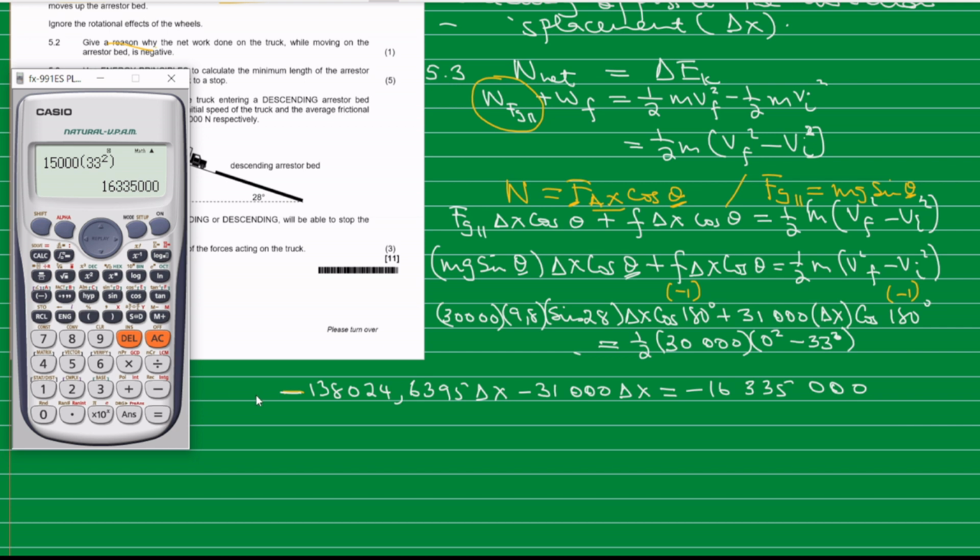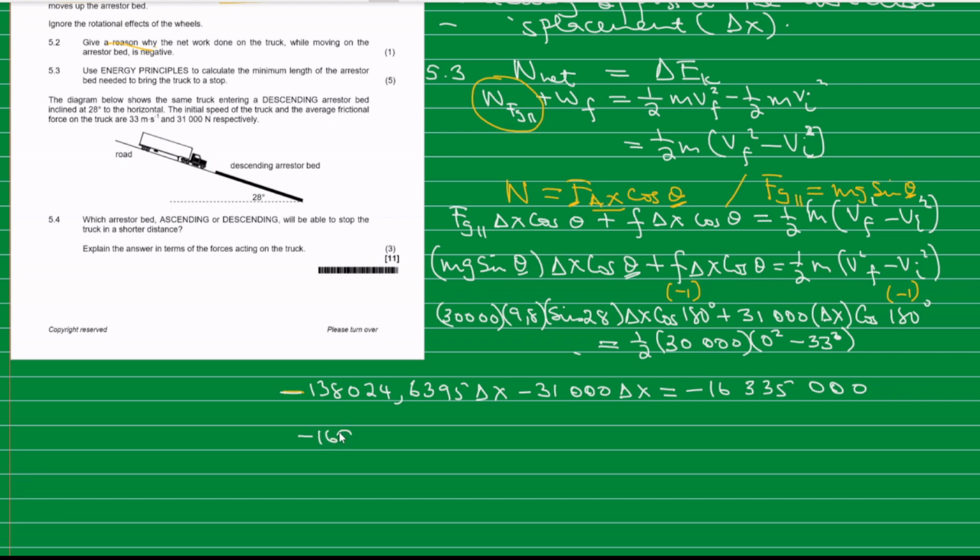And now we are going to add this one, because they are all like terms, this value and that value. So when I have negative 169,024, this gives us 169,024 delta x.